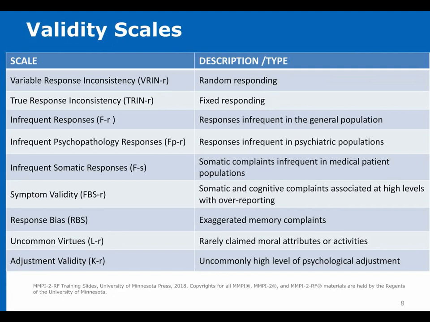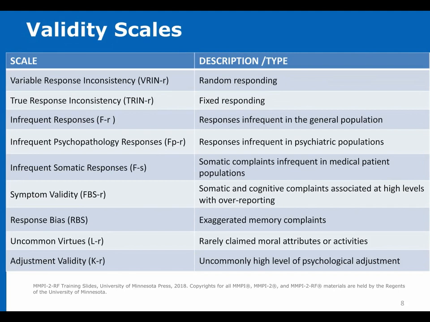So a hypothetical example of one of these item pairings might be something like, I am sad and I am depressed. If somebody answers true to one of those items in the pairing and false to the other item in the pairing, then they have an inconsistent response, and it's a variable response. And in this way, VRIN is used to assess random true-false responding.